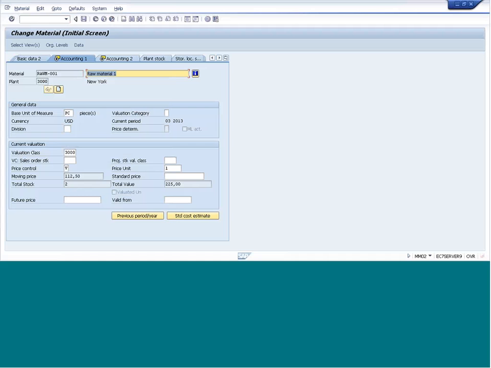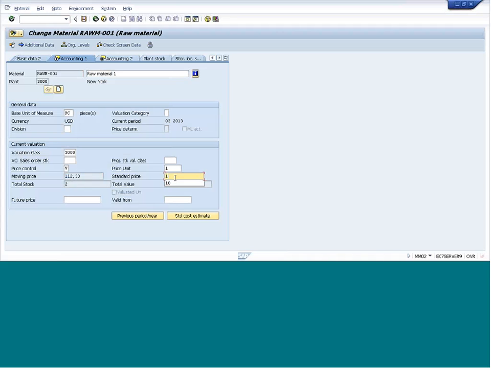Now here, if you see moving average price, you cannot change it because this is pretty much your valuated price, right? This cannot be changed. In order to change it, I'll show you in a moment how you change this price. But you can change this price anytime, because this is statistical only.